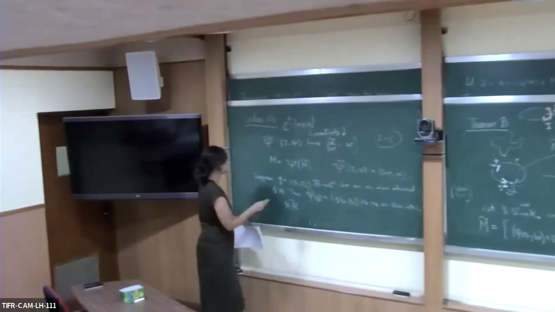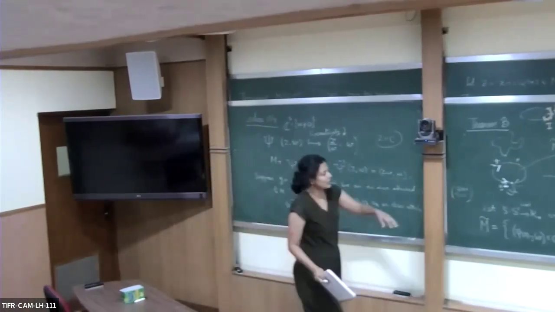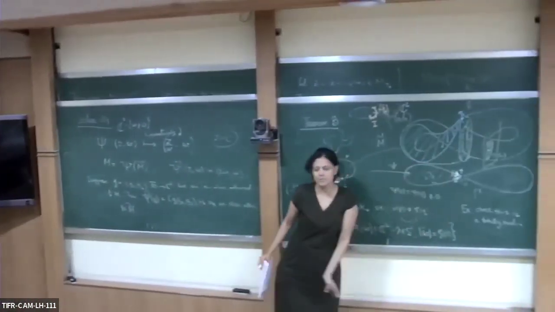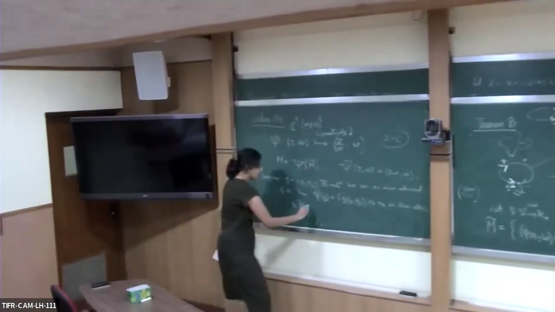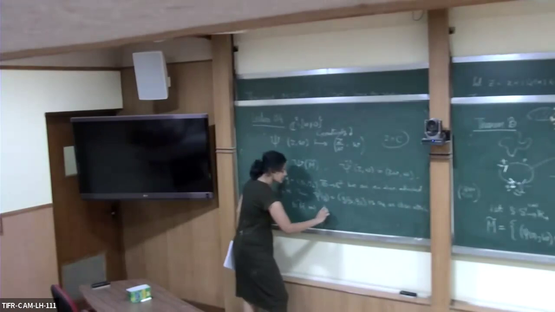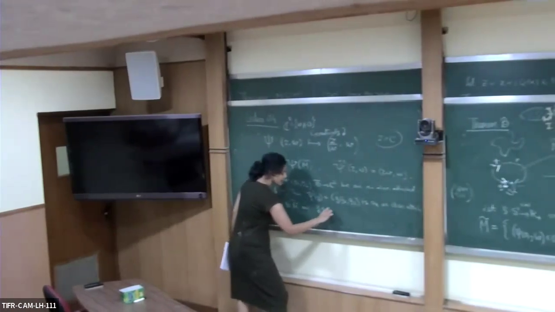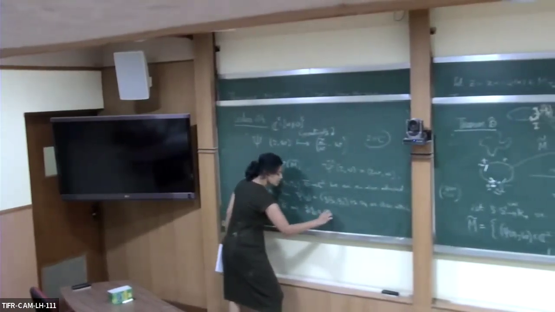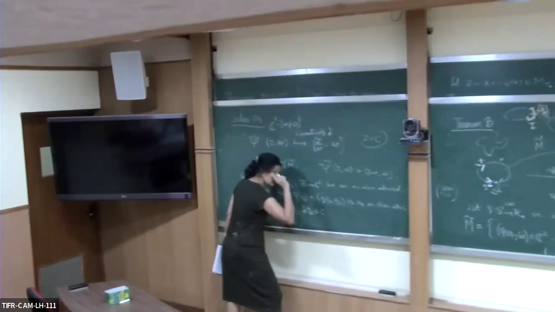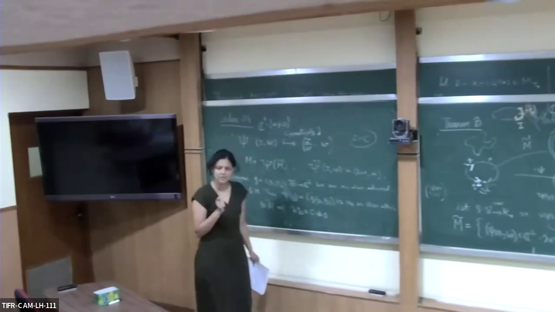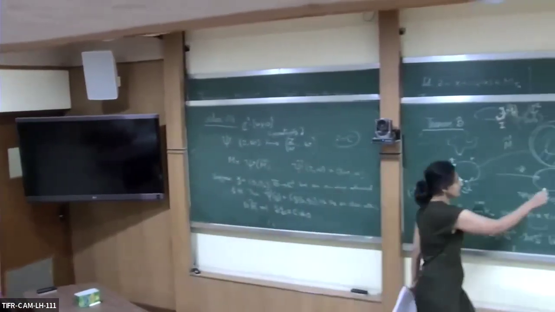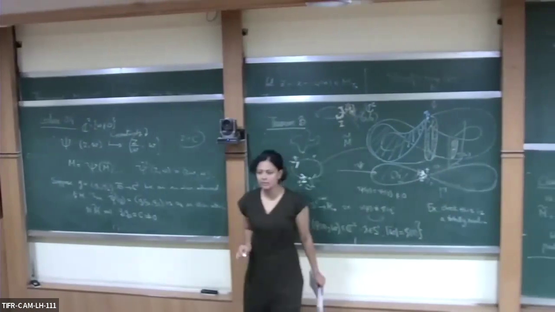I have this disk attached to this new object. I pull it back under psi inverse. I will get a disk attached to the old object, but I know exactly what these disks look like. So I will get that G1, G2 is some constant. And this constant is in the figure 8, and this constant is never equal to 0. Remember that I chose my figure 8 in a way that the origin never lies on the figure 8.